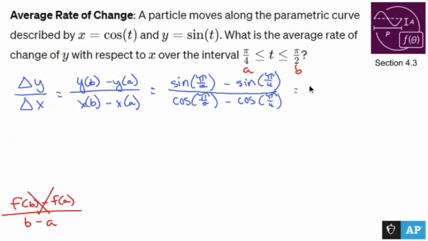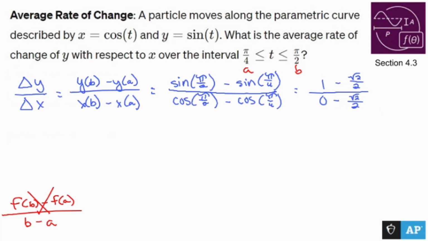Sine of pi over 2 is 1, minus sine of pi over 4 is root 2 over 2, all over cosine of pi over 2, which is nothing, minus cosine of pi over 4, which is also root 2 over 2.